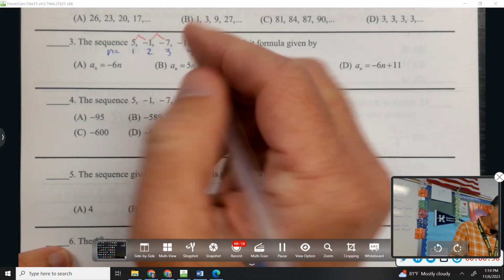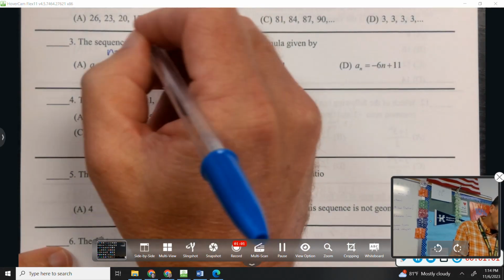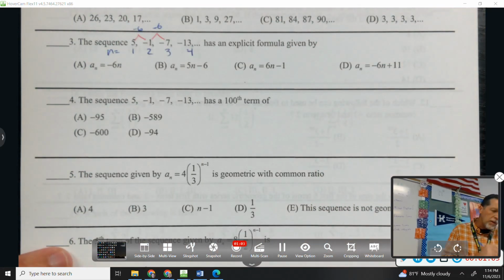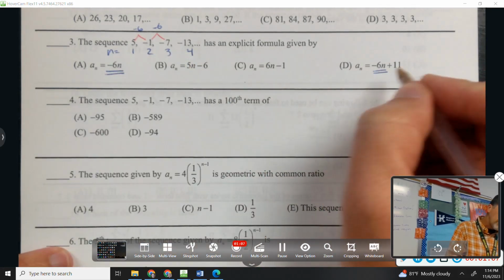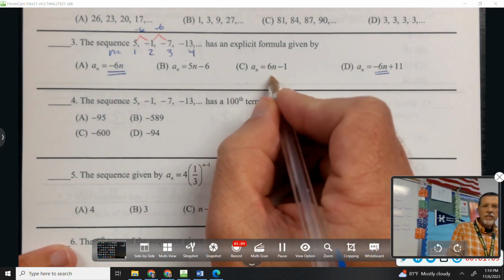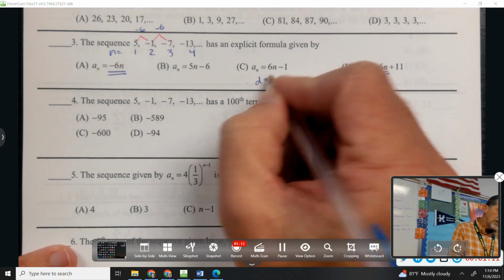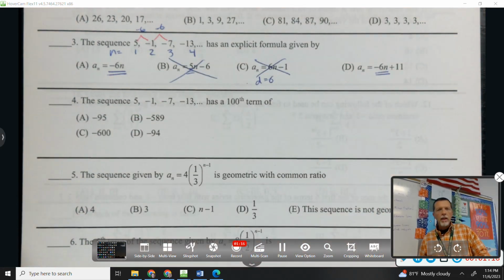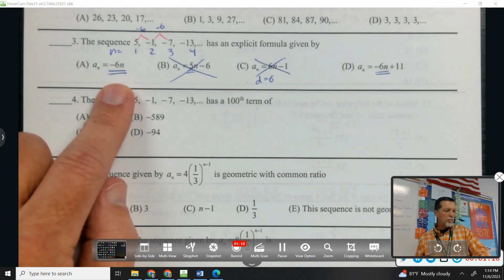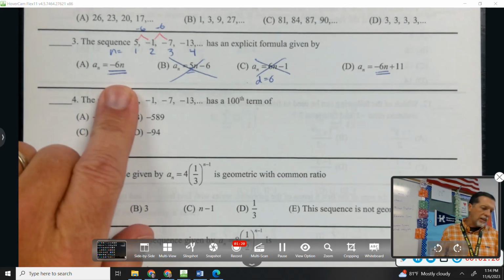The common difference is -6, going down by 6 each time. So I know it's got to have a -6n in it. Positive 6n, that would mean d is equal to 6, that's out. D is equal to 5, that's out. And so it's not just multiples of 6 though, so that's not it.